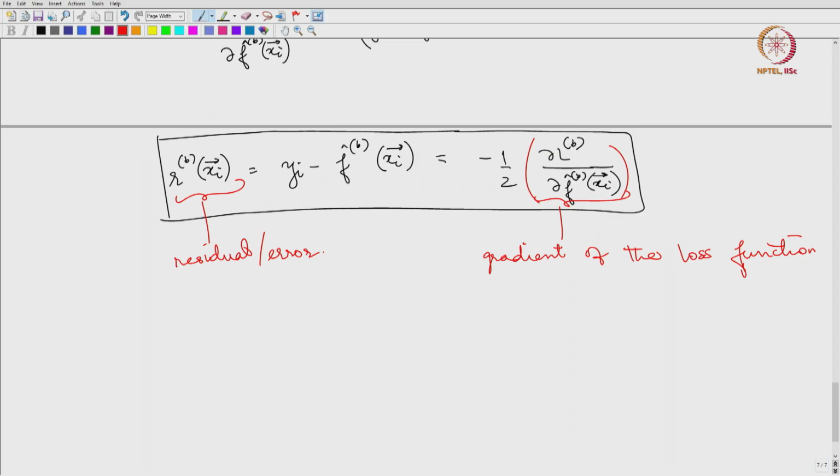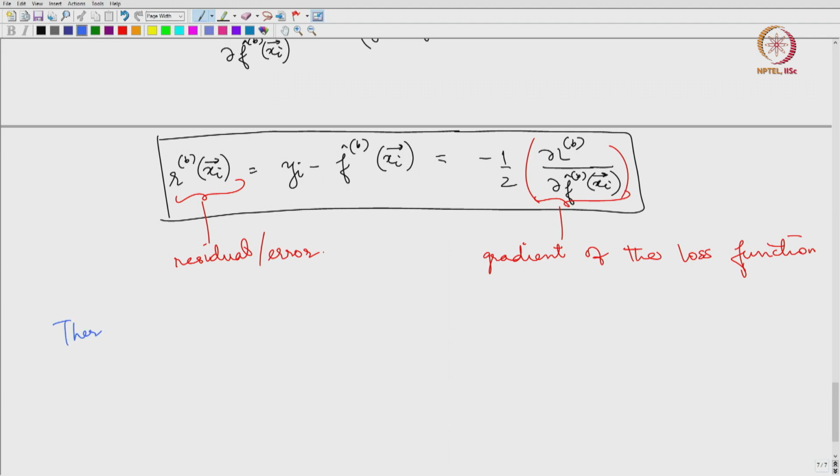Okay. So that is why the name gradient boosting comes, because the gradient has a relationship with the residual, and we are going to train subsequent decision trees to predict the gradient of the loss function and thus correct the wrong predictions.